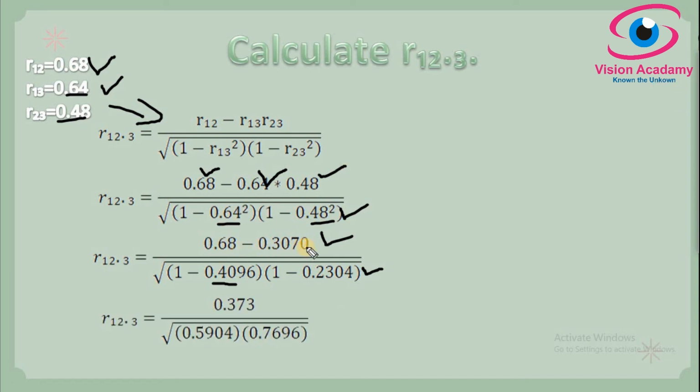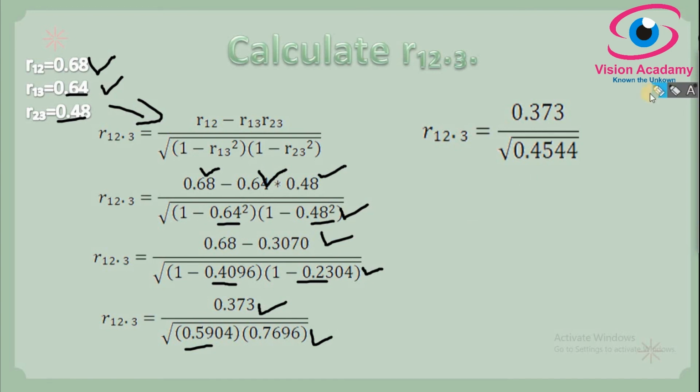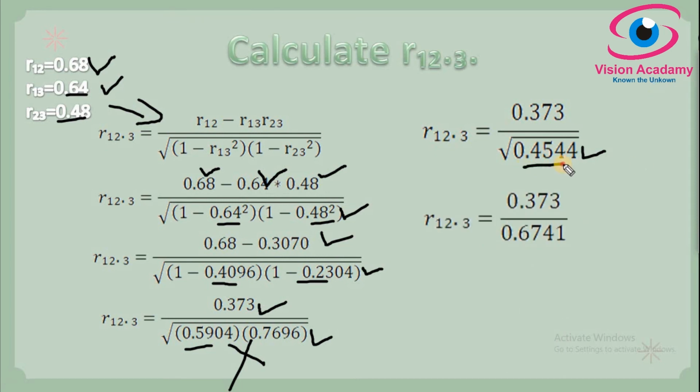So the next simplification is this. 0.68 minus 0.3072 will be 0.373. In the denominator, 1 minus 0.4096 will be 0.5904. Here 1 minus 0.2304 will be 0.7696, and I will go to the next simplification. We have multiplied these two values and got 0.4544, and for the next step we have taken the root of 0.4544.